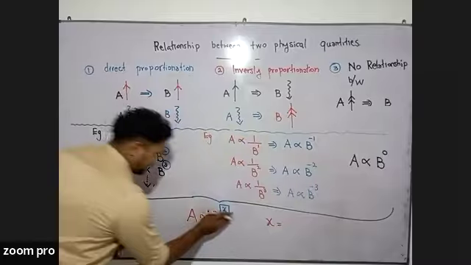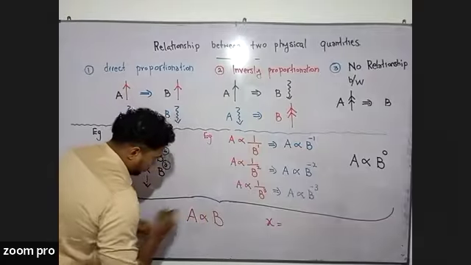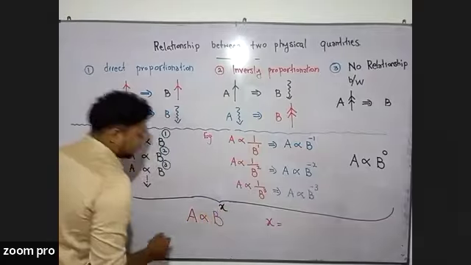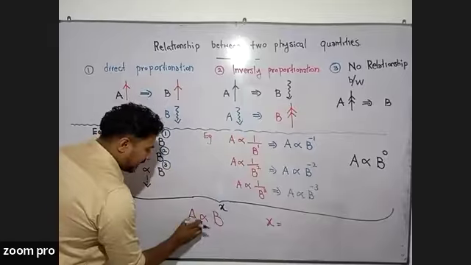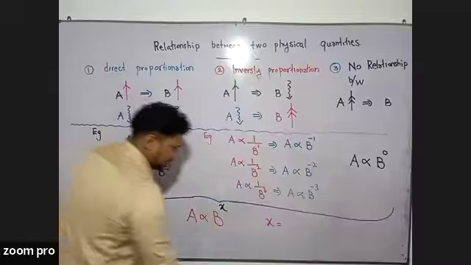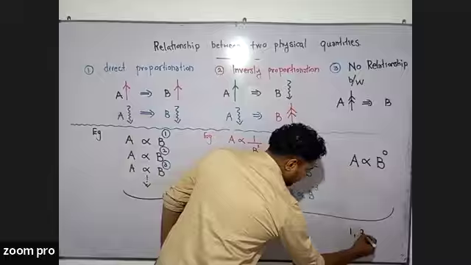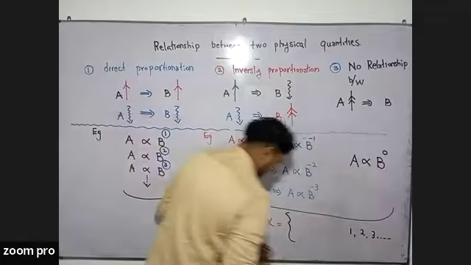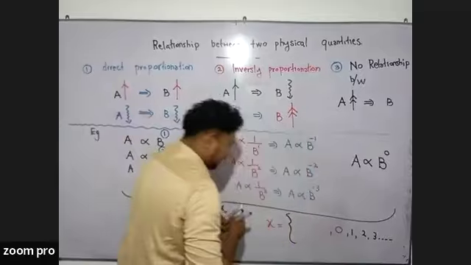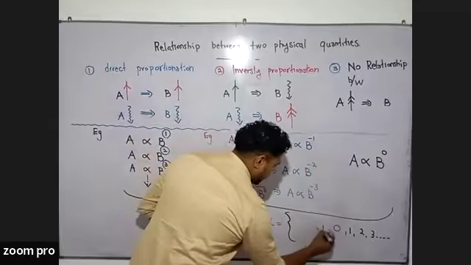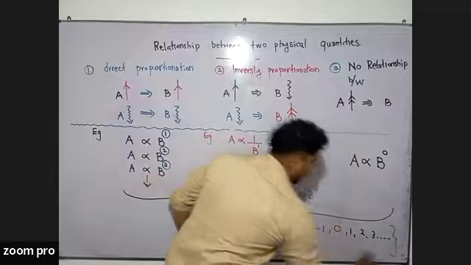So if I represent the relationship between any physical quantities as a proportional to b to the power of x, this x can be positive values 1, 2, 3, and so on, or it can be 0, or it can be negative values -1, -2, and so on.